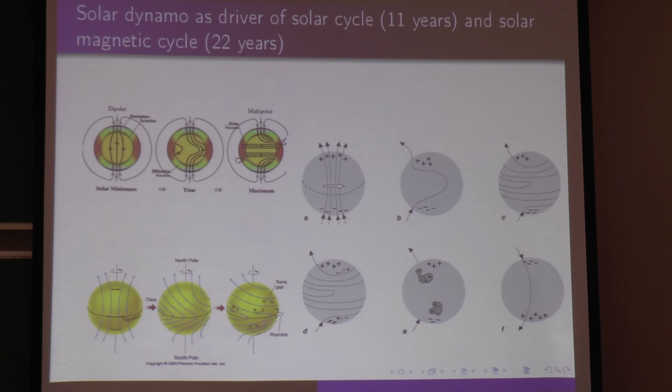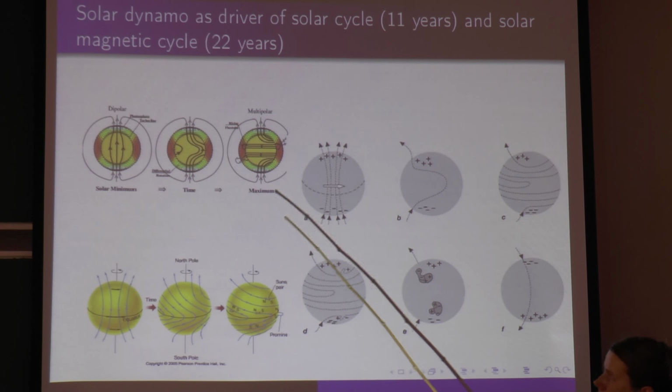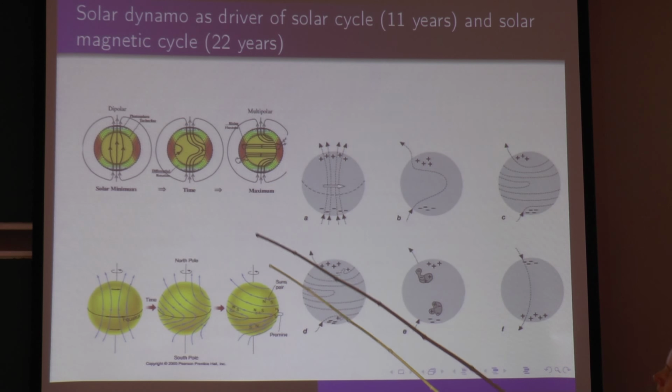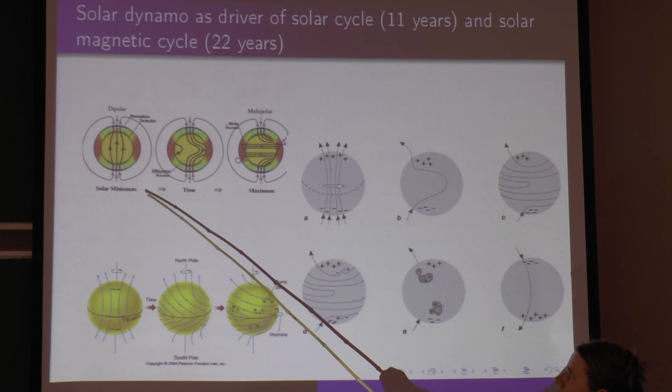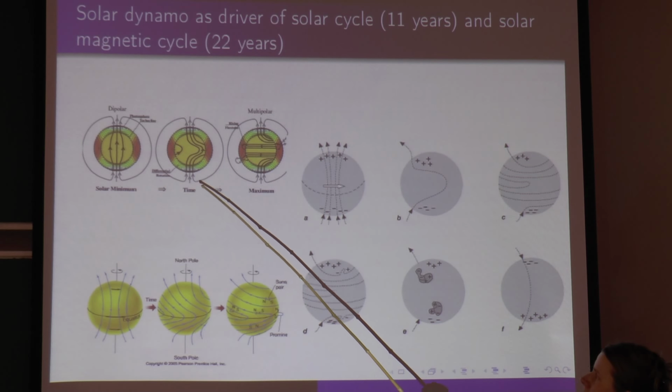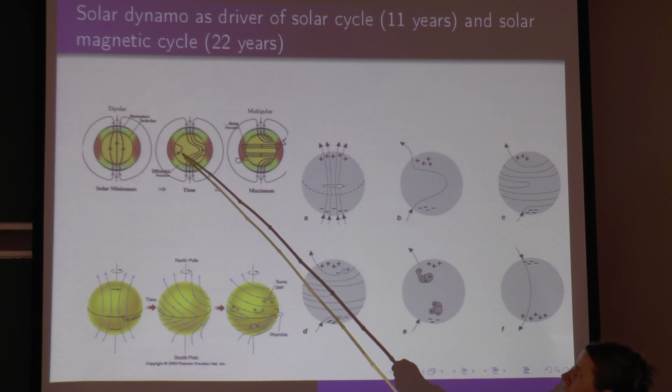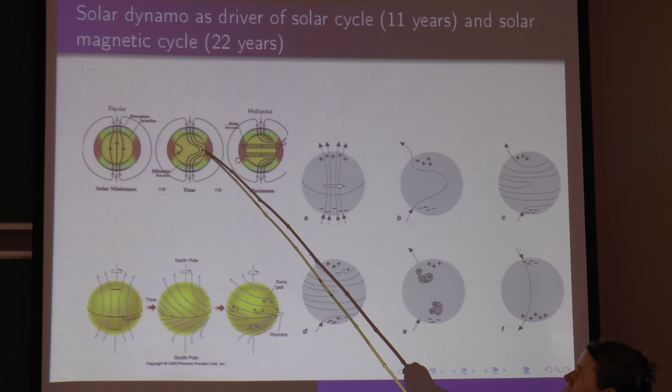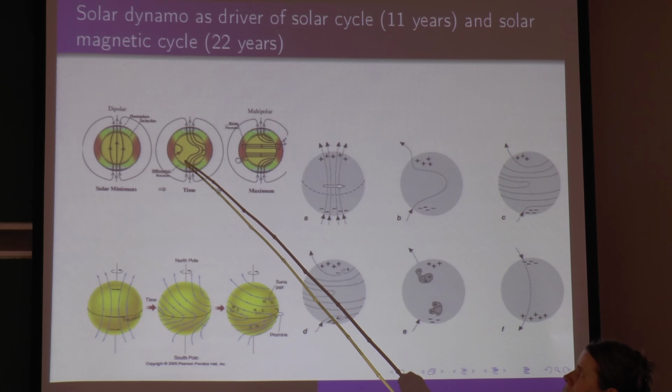The solar cycle and solar magnetic cycle are caused by the action of the solar dynamo. And here we can see how it works, briefly. We have in solar minimum a poloidal field, which is transformed in time from poloidal to toroidal because of the differential rotation of the Sun.